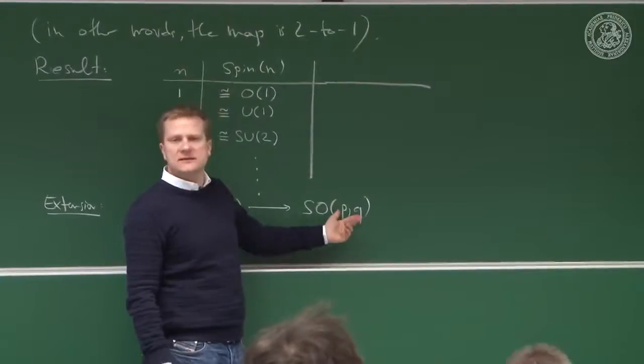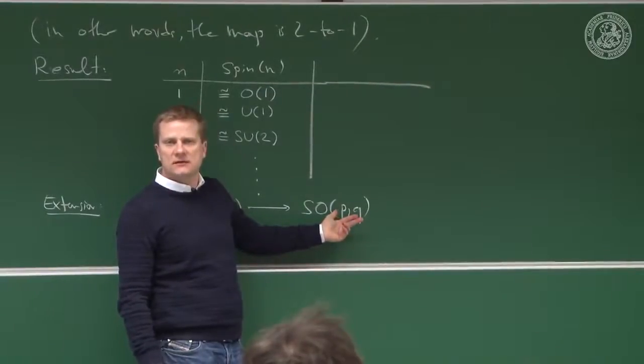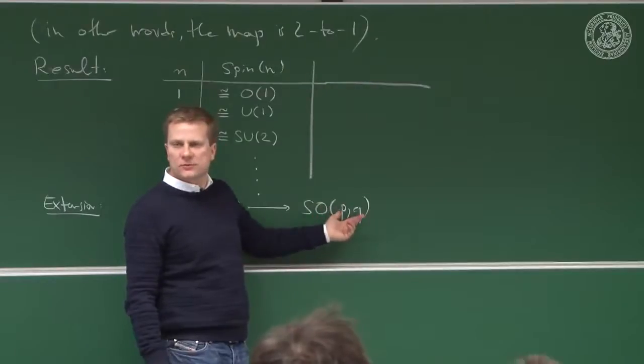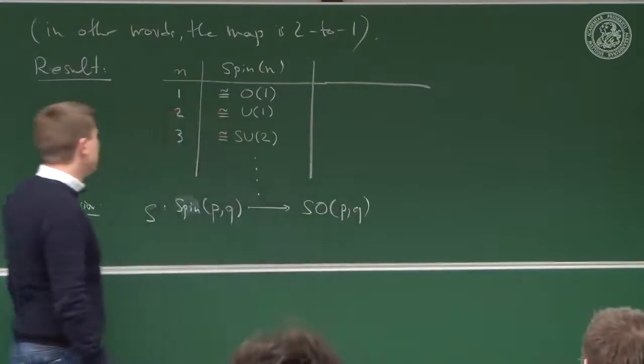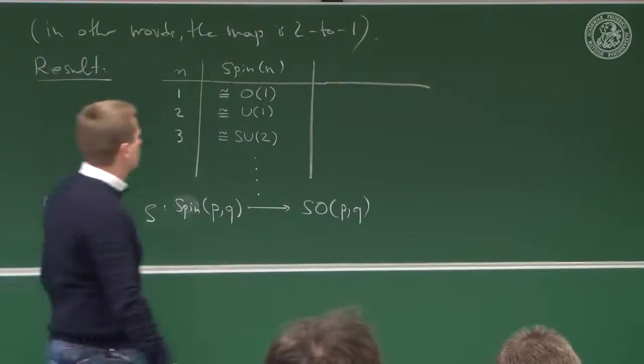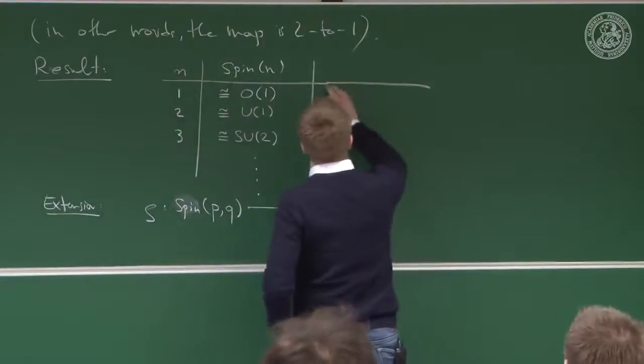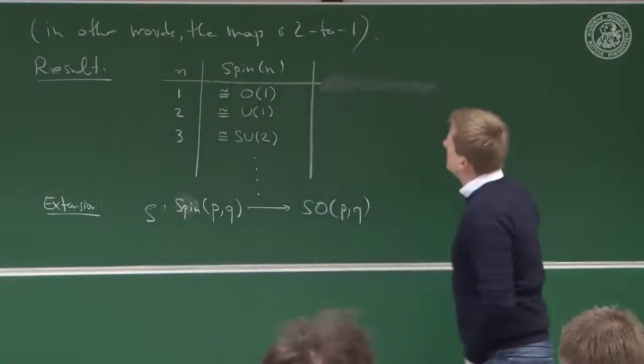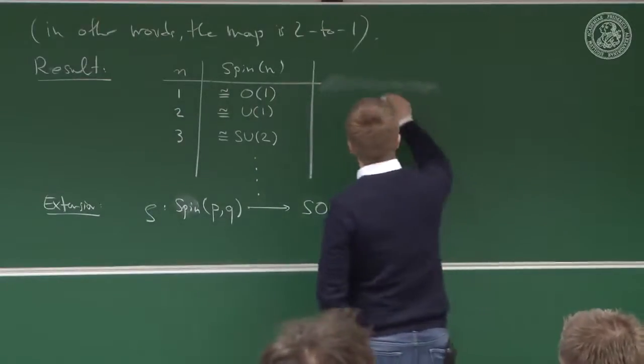Obviously this is of interest in relativity because there we have the Lorentz group, SO(1,3), and we need that. So we can also ask about the spin(p,q) groups.